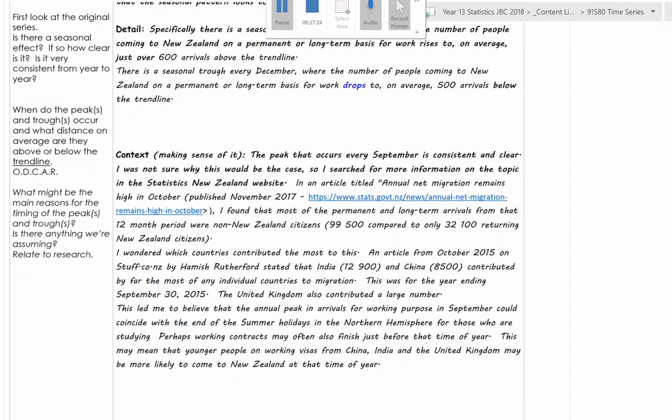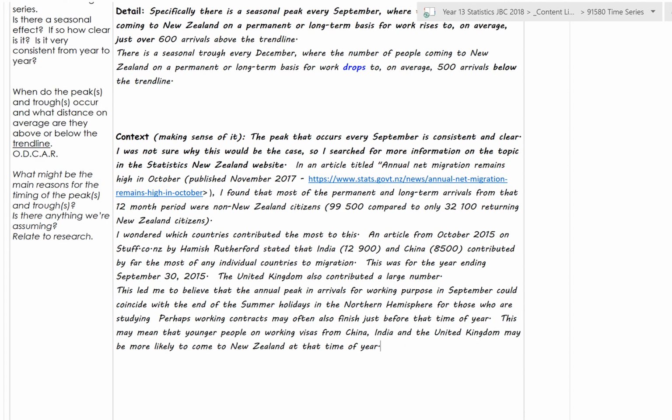I'm going to say I'm not actually sure why there's a seasonal trough in December, because there's nothing particularly about December that would make you think there'd be fewer people coming here then. The only thing maybe is that people want to be around their loved ones or maybe back in their home countries for Christmas, which would only affect really the countries that celebrate Christmas, so the Western sort of countries.